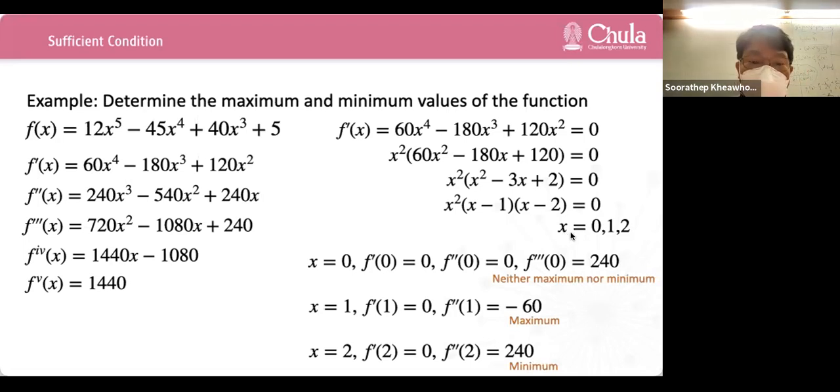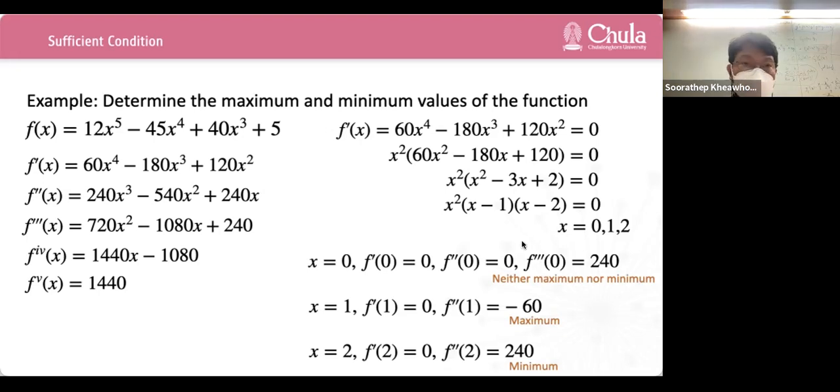And then we check at this point the highest order derivative that is not 0. So for example, when x is 0, the highest order is the third order, okay.